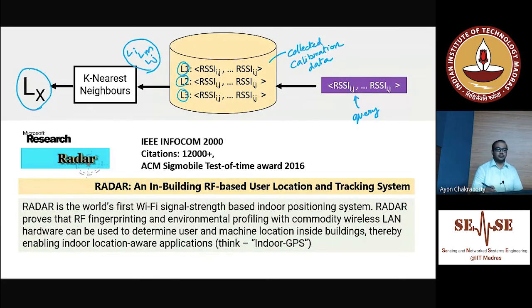But why do you think k nearest neighbors is not a very good idea? What exactly is the problem that will show up if you actually want to deploy such a solution in reality? Can you deploy the solution, and what is going to bug you?